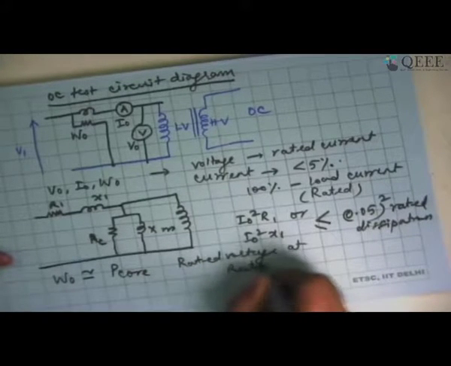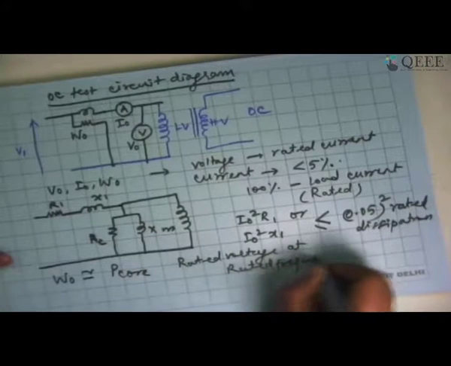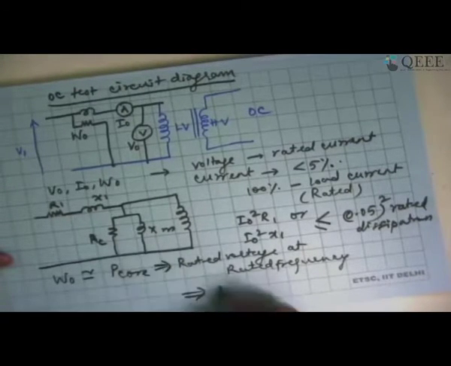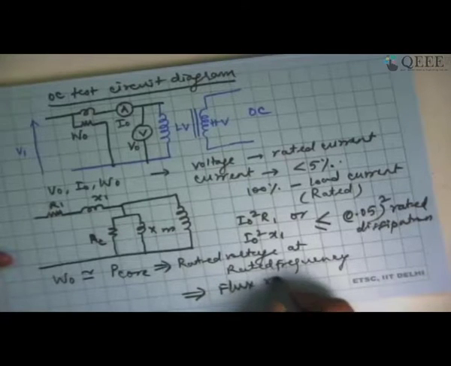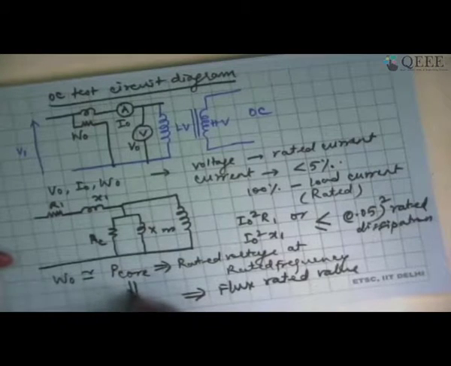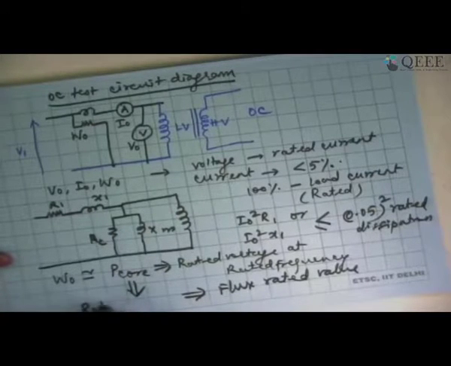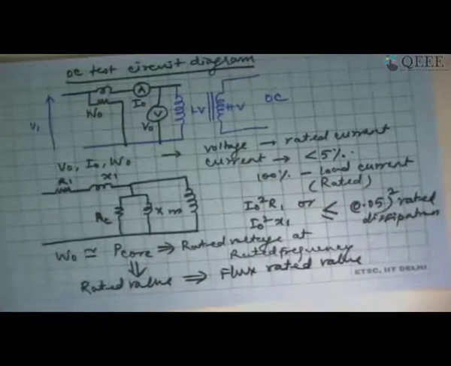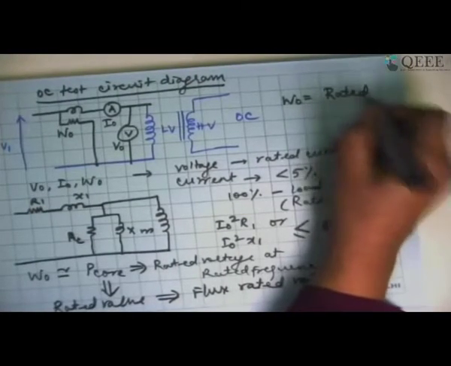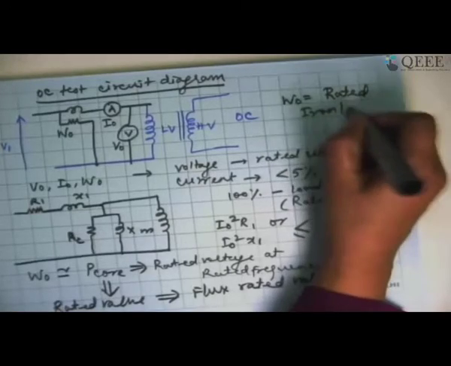So the flux is rated value, and core losses are also rated value. So I'm going to assume that W0 in this case corresponds to rated iron loss directly.